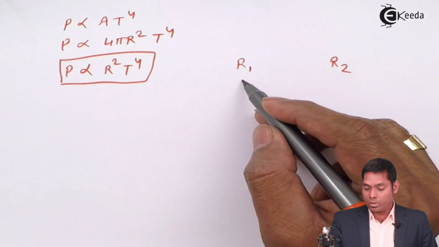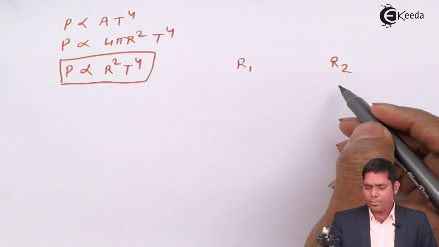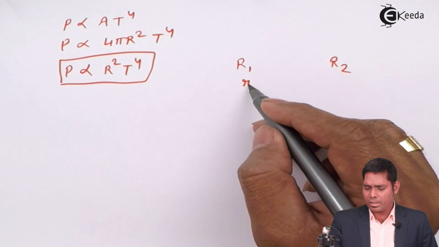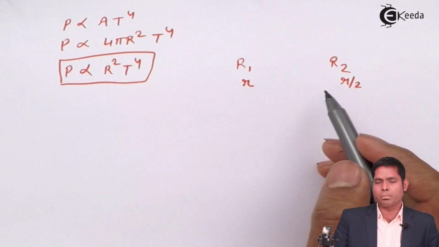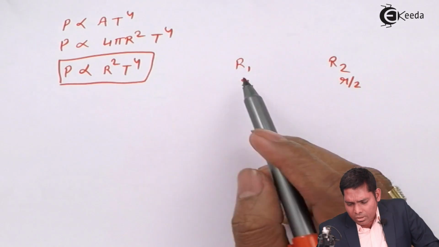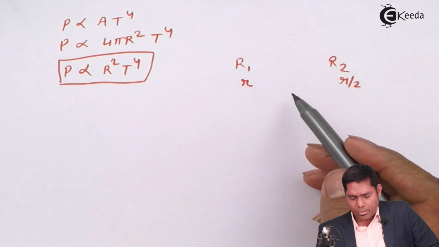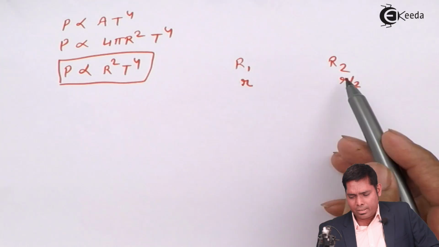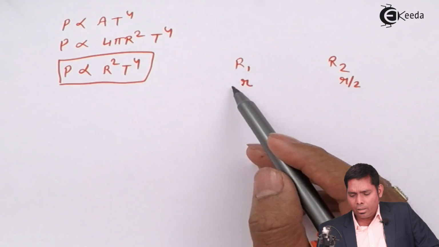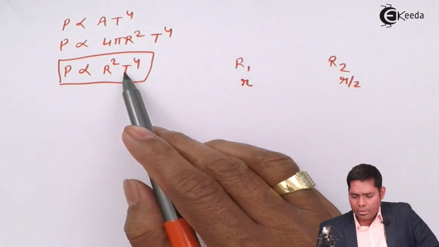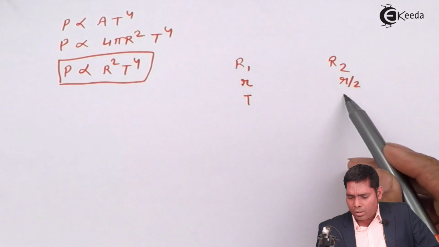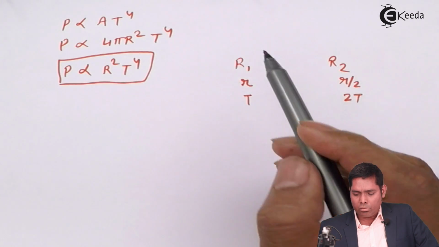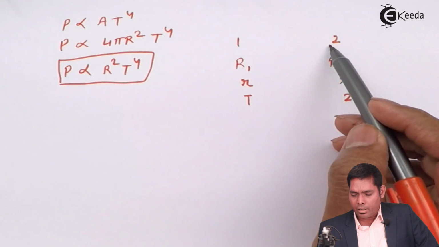If I call this 12, this 6, but anyway, if I call this radius r, then this is actually r by 2. I don't have to write the actual numbers because you are just asked to find a ratio. If it is 12 and 6 or 10 and 5, it doesn't matter. R and r by 2. And the temperature here is, suppose T, here it is 2T. This is the situation in the first and second case.